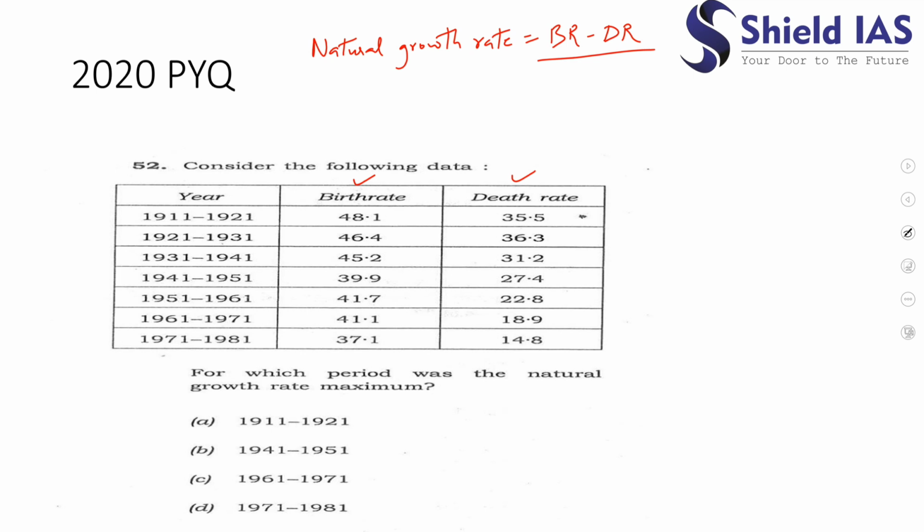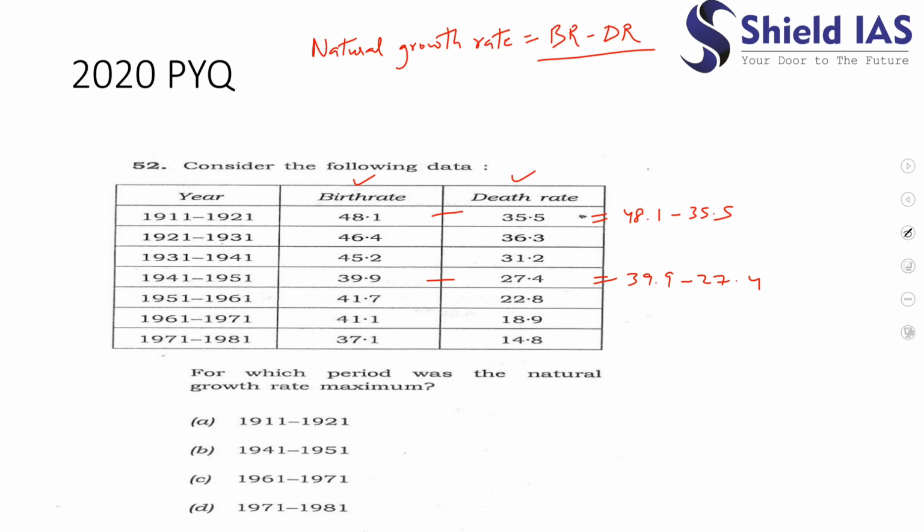First is 1911 to 1921: 48.1 minus 35.5. Next option, 1941 to 51: 39.9 minus 27.4.